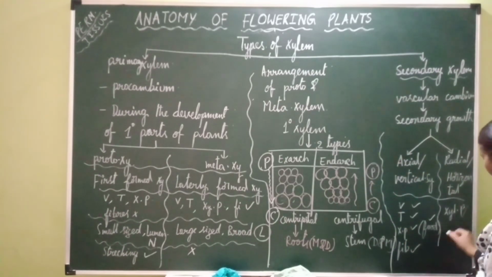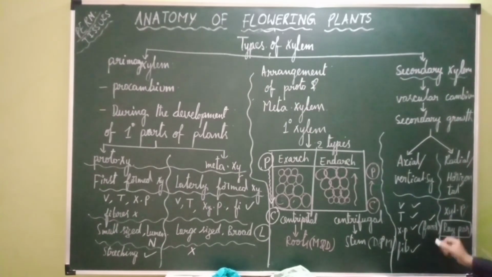So xylem parenchyma, which is also called ray parenchyma, because it is involved in radial conduction of water. It is involved in storage of food, and along with storage of food it is also involved in radial conduction of water. Right? So this is all about xylem.